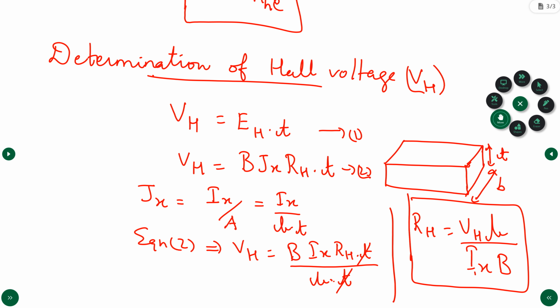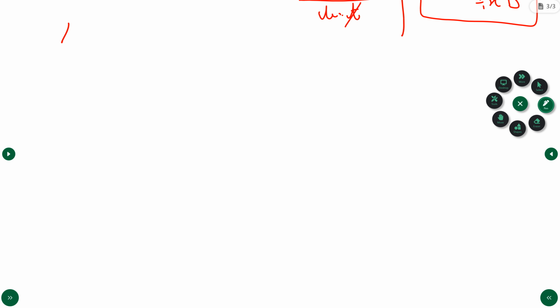So you can write the points one by one. The applications of Hall effect. First point, it is used to determine the type of semiconductor.